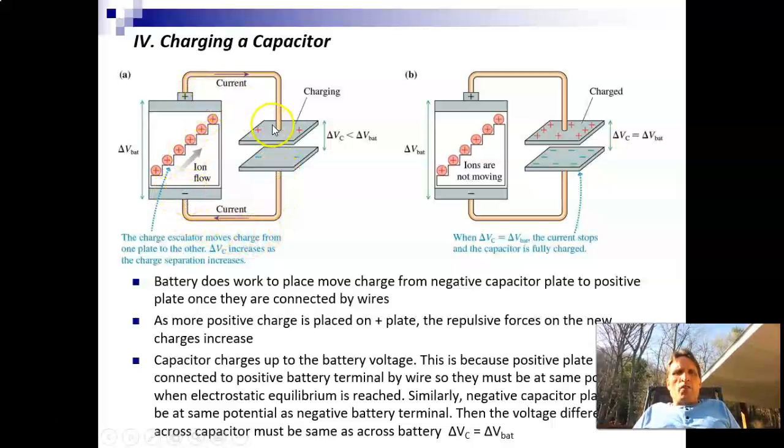The positive terminal of the capacitor is at the same voltage as the positive terminal of the battery, and therefore the potential difference when it's fully charged across the capacitor is the same as the potential difference across the battery. So we have now charged up the capacitor to the voltage of the battery.